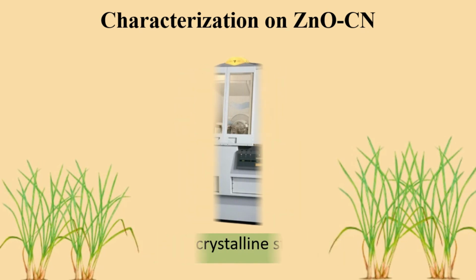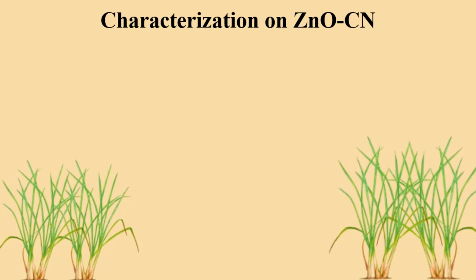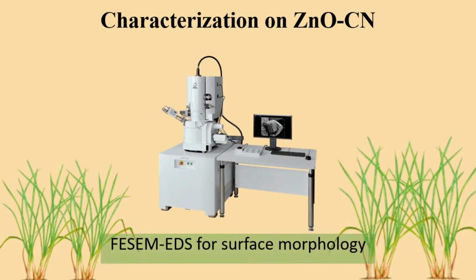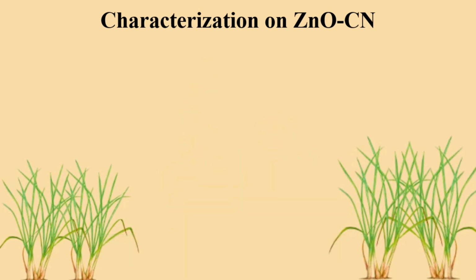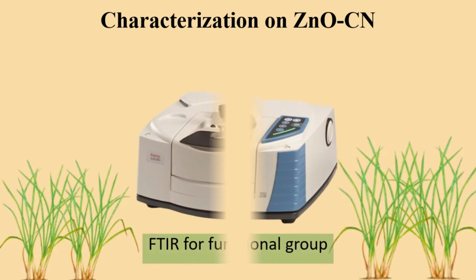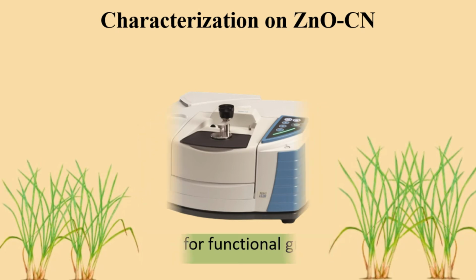The surface morphology of nanoparticles will be examined using field emission scanning electron microscopy (FESEM) equipped with an energy dispersive X-ray analysis (EDS). The characterization for functional group of ZnOCN were performed by Fourier transform infrared spectrophotometer (FTIR) under wavelength range of 400 until 4000 per centimeter.